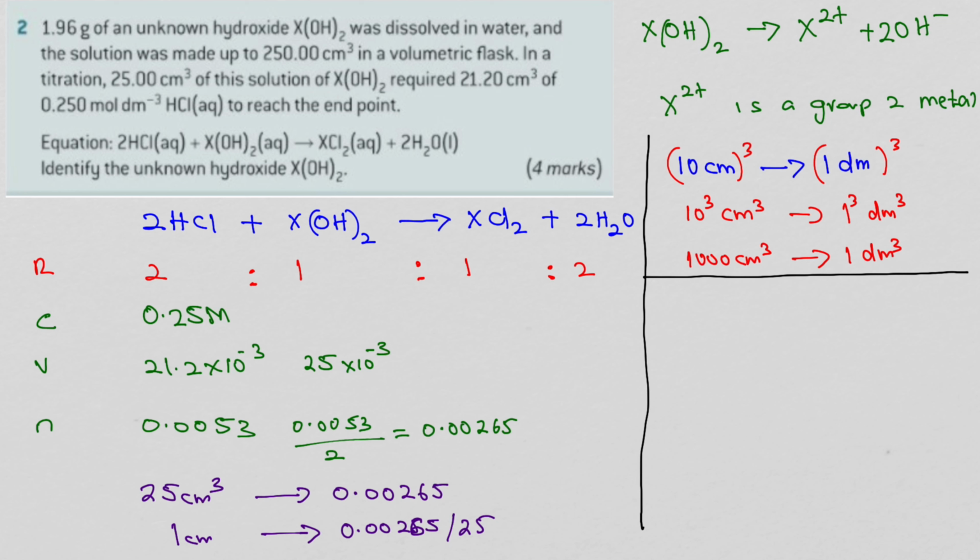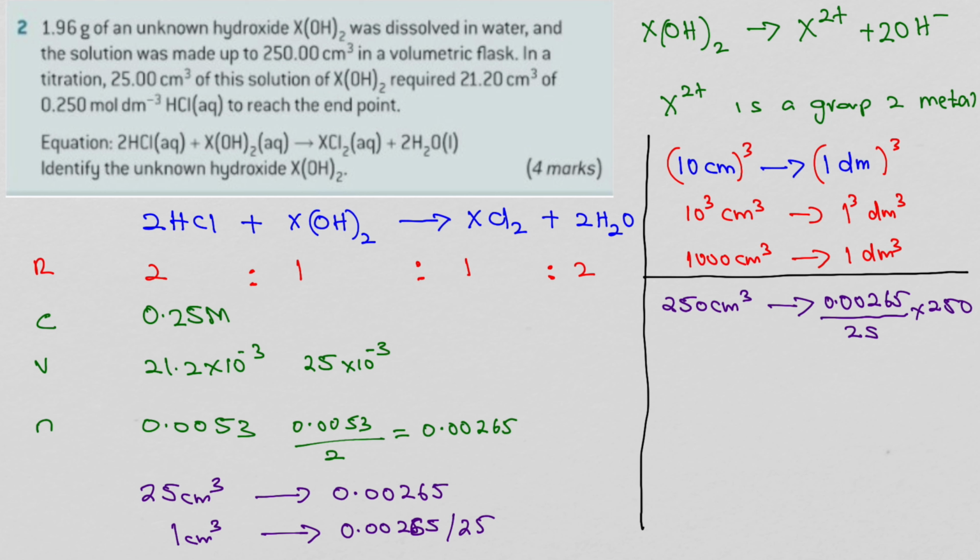Now I need to multiply that 1 centimeter cube up to 250 centimeter cube. So if I multiply 1 by 250, I have to multiply the right hand side by 250 as well. So now 250 centimeter cube will give 0.00265 divided by 25 times 250.